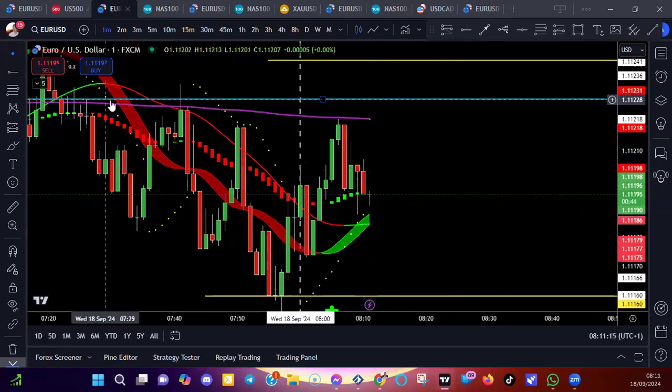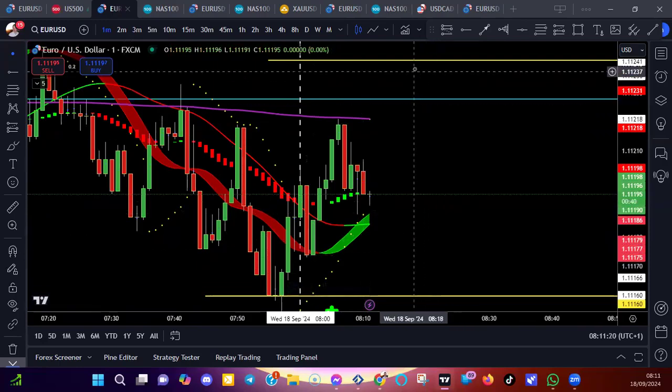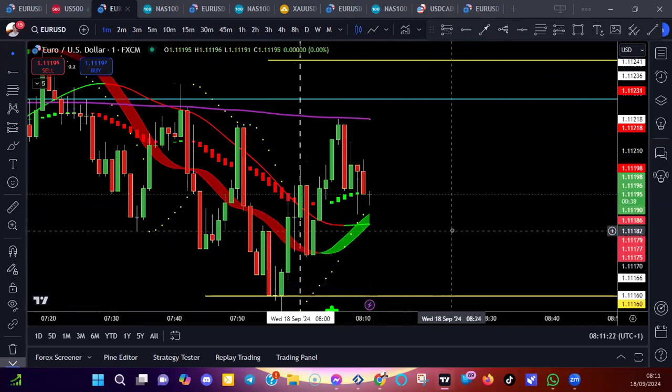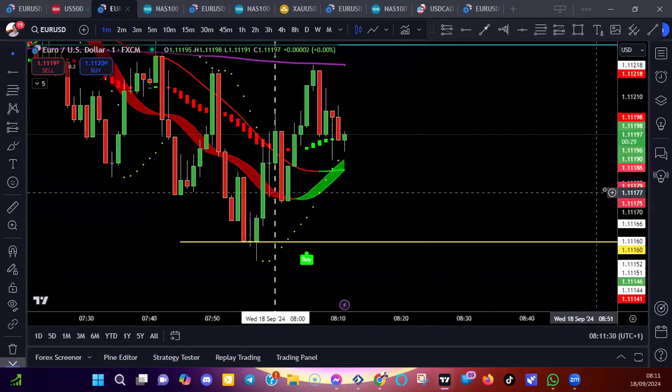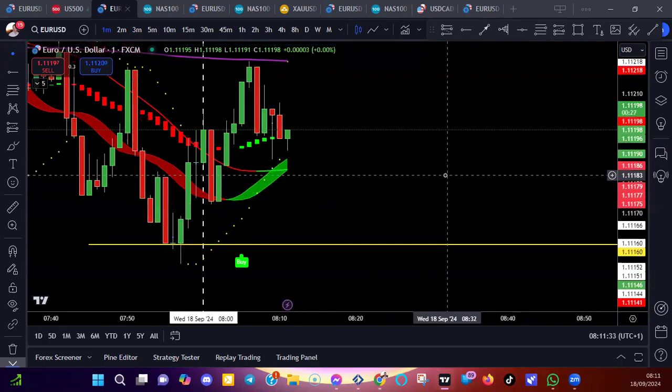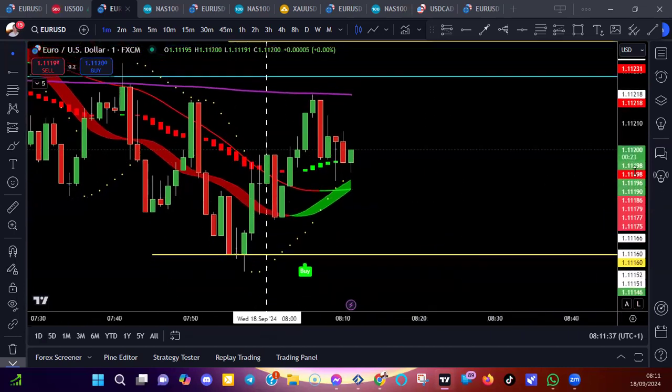But we got a support and resistance line right there. And we got this sell zone there. It's just, there's too many. I don't feel happy with trading in these conditions. Although it might work.